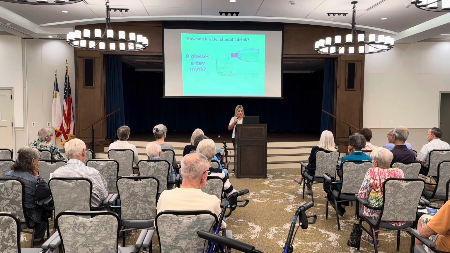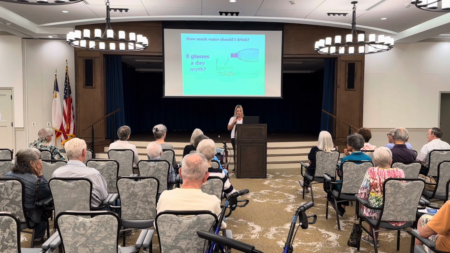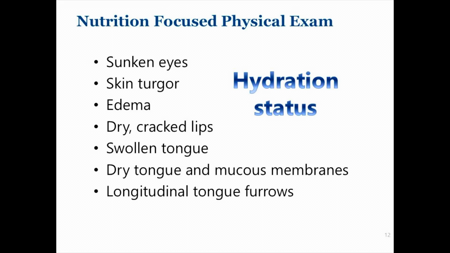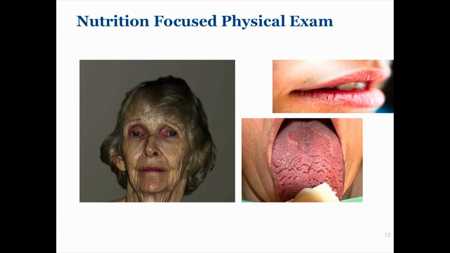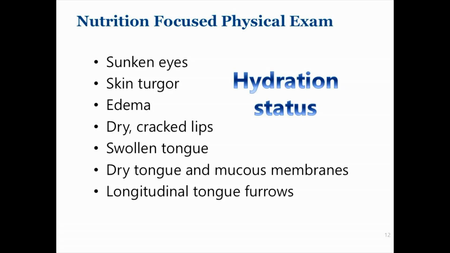Additionally, you can monitor your hydration status by performing a self-administered nutrition-focused exam. That's what we're going to go over, the skin turgor nutrition-focused physical exam, looking for things like sunken eyes, skin turgor, edema, skin furrows in the tongue, cracked lips, sunken eyes, longitudinal furrows in the tongue.